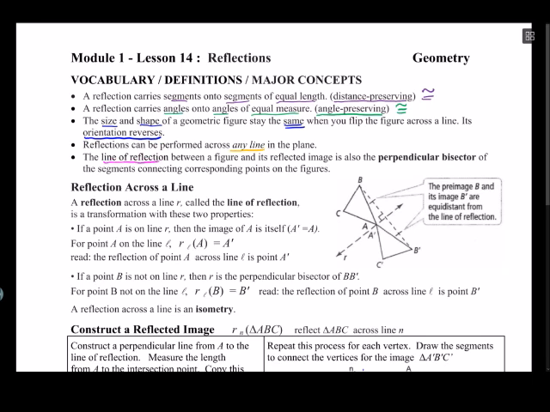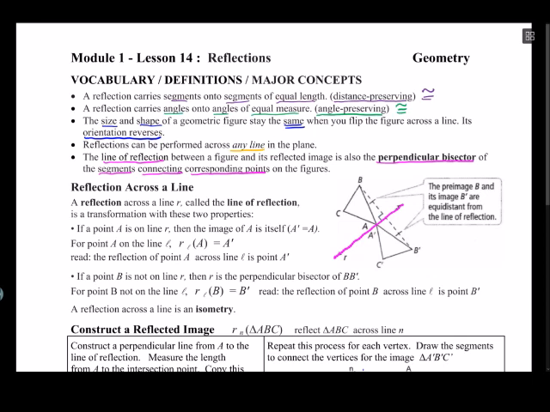The line of reflection between a figure and its image is the perpendicular bisector, we know those words, of the segments connecting corresponding points. So let's look at our diagram right here. And here's our line of reflection.